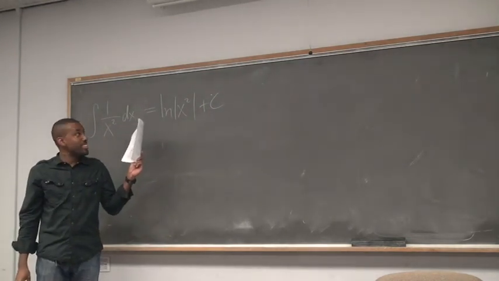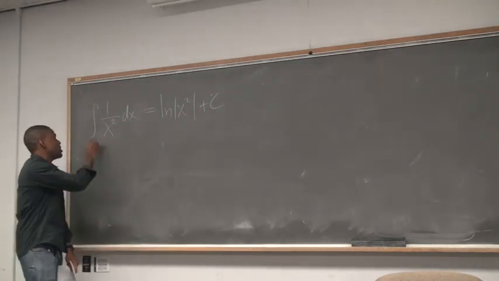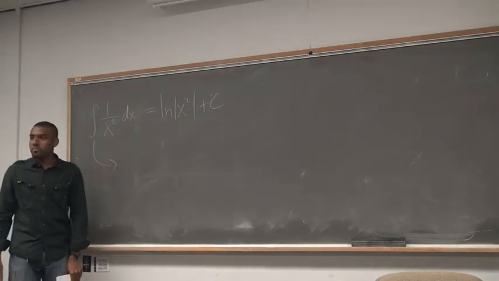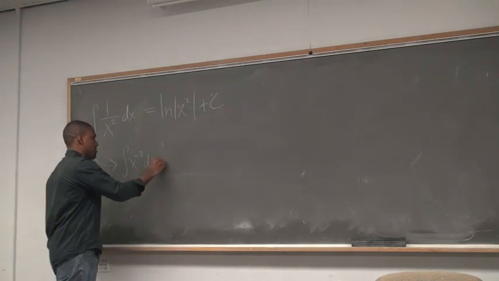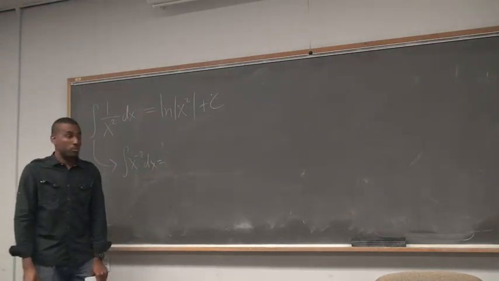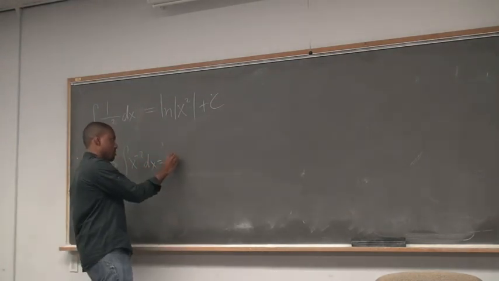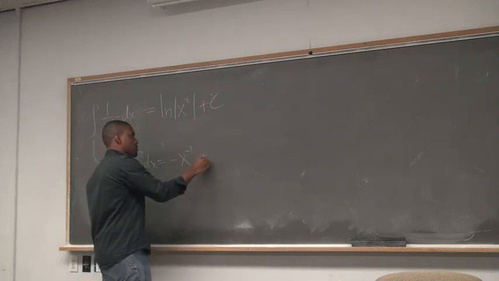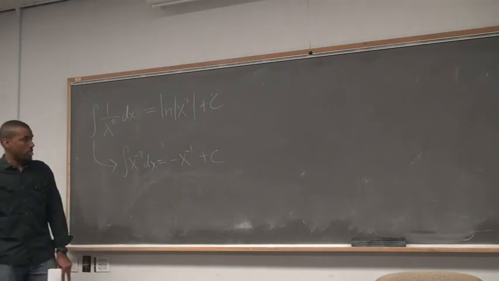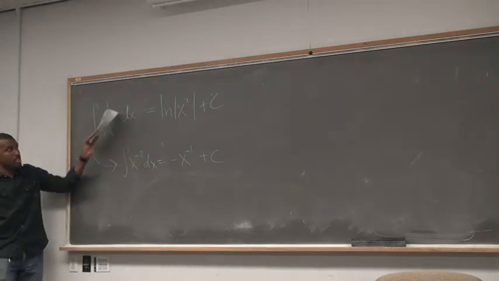Not true, right? How do you actually do this? How do you do this integral? And what would that be? Which is? x minus x plus C. Okay, right. The integral of this is that, not this.